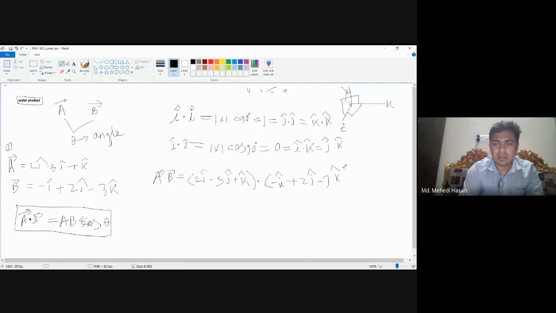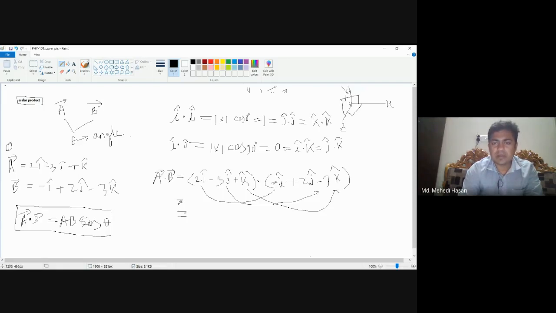Here there are three quantities. If we multiply three quantities with three quantities, the result will be nine terms. But here we know that I dot j is 0, I dot k is also 0, so no need to calculate nine terms. Just multiply this with this, this with this, and this with this.